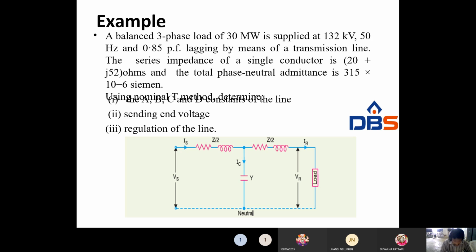Using the nominal T method, determine: first, the ABCD constants of the line; second, the sending end voltage; third, the regulation of the line. You may not see it clearly, it is slightly clubbed together.